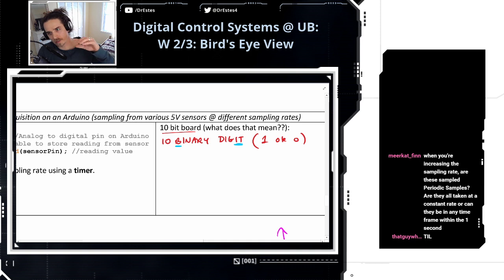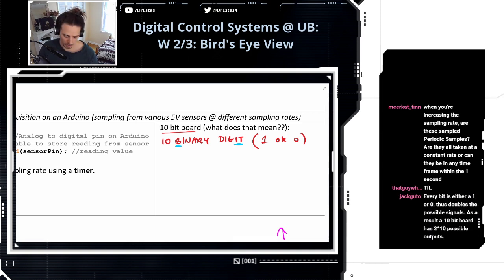So if I have a 10-bit digital to analog converter, that means the board uses 10 binary digits. Jack says every bit, either 1 or 0, thus doubles the possible signals. As a result, a 10-bit board has 2 to the 10th possible outputs. Yes. So this uses 10 bits to represent a signal reading at any time.